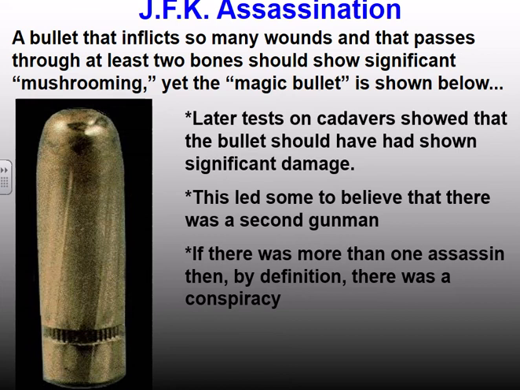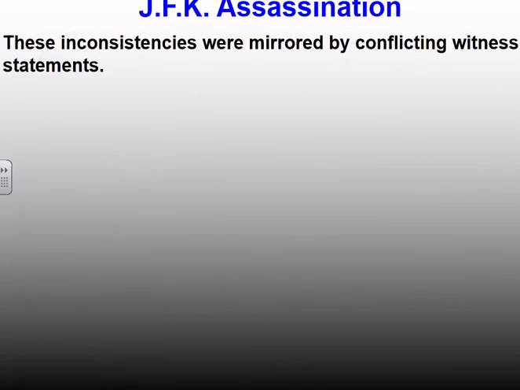That by definition would be a conspiracy. And there are a lot of people who say a second gunman from a different position makes a lot more sense. Then you don't have to have magical bullets. The fact that there are a lot of inconsistencies in eyewitness testimony really doesn't help. It makes a lot more people believe, oh my gosh, there is a conspiracy going on.